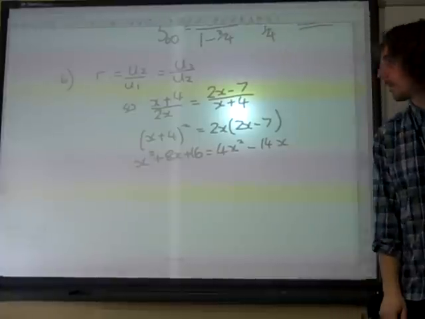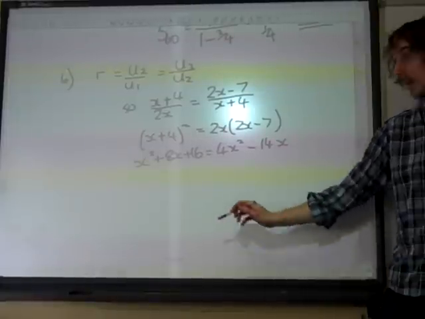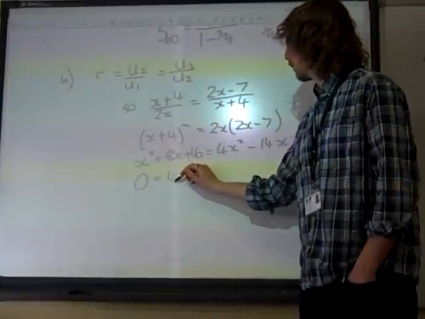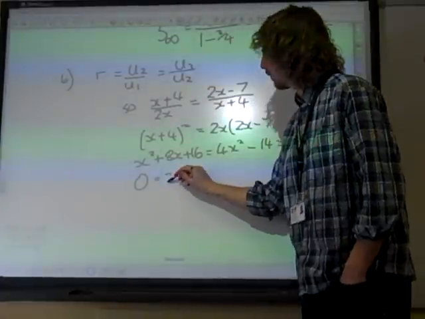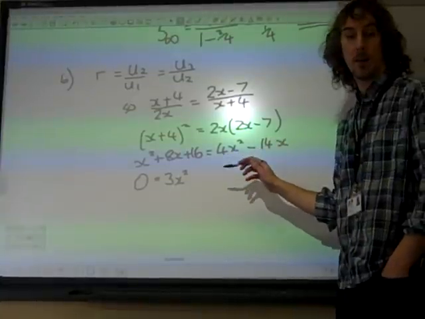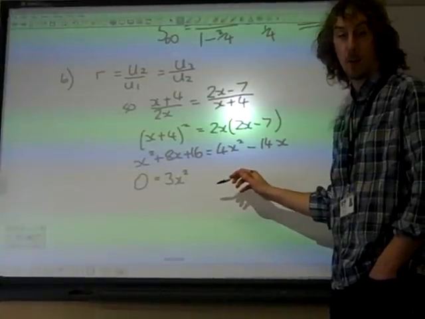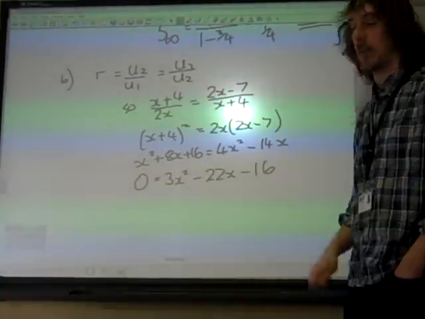I think we get that, 4x squared minus 14x on the other side. So collect everything together on one side. 0 is 3x squared, so we'll take away one of the x squareds. We've got minus 14, we're taking away another 8, so that's minus 22x. And we've got a negative 16 there.